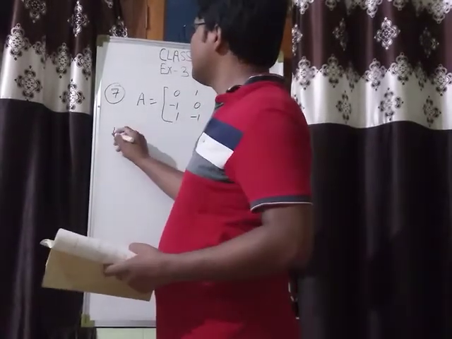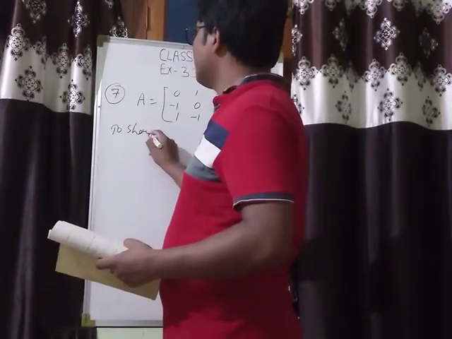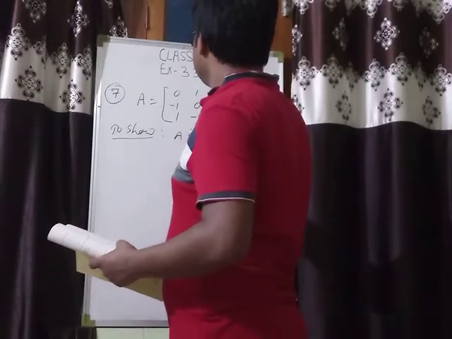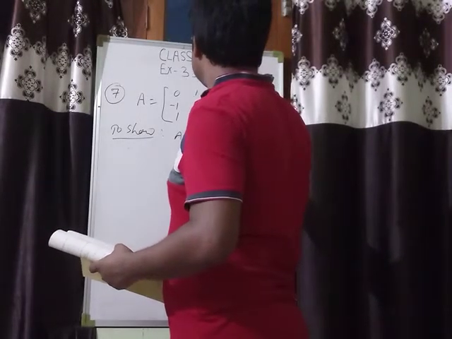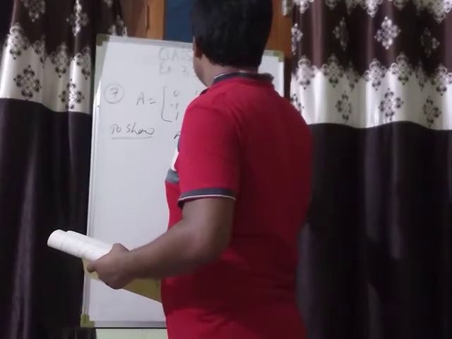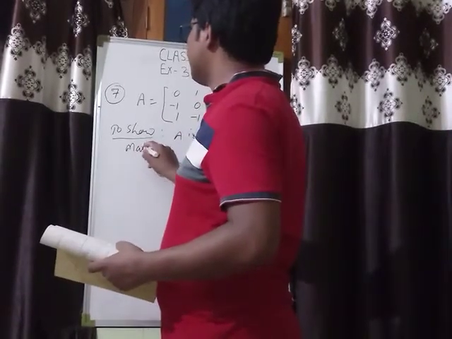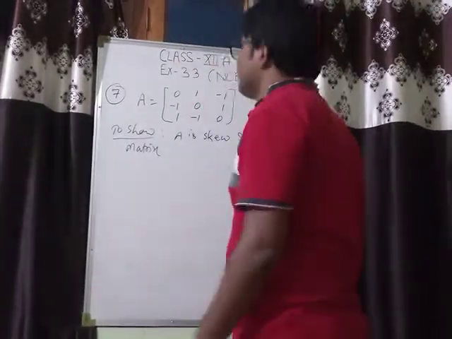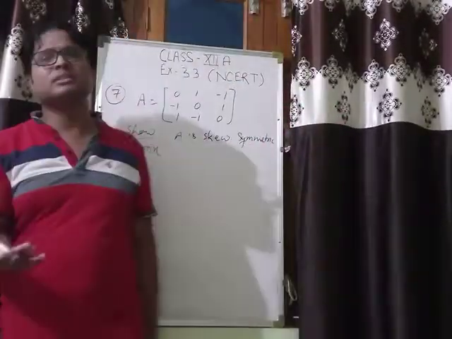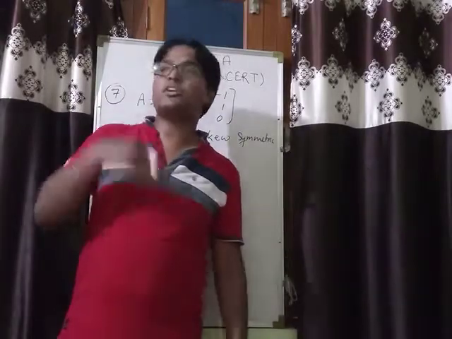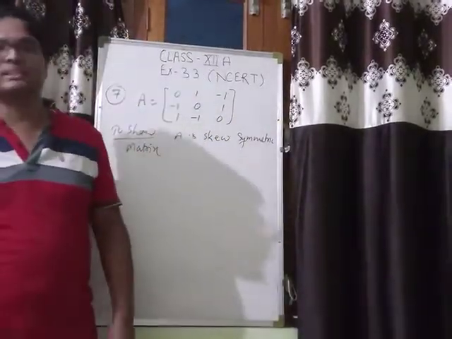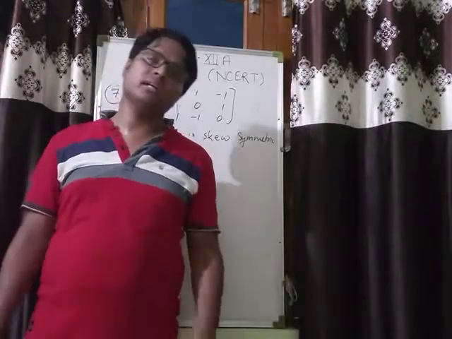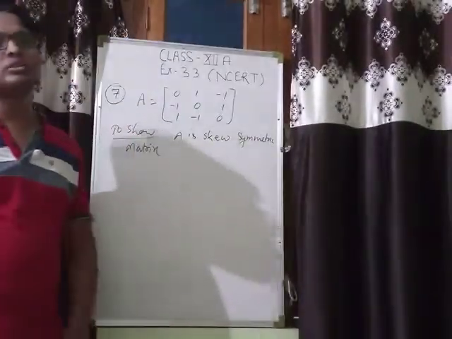We have to show that A is a skew symmetric matrix. We know that when A transpose is equal to minus A, then that matrix is called skew symmetric.